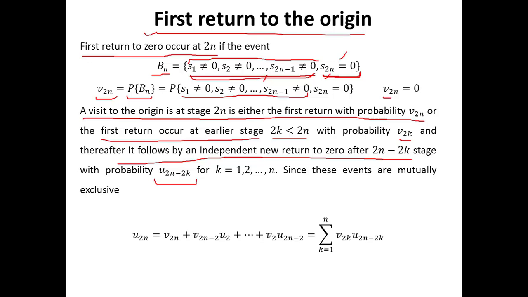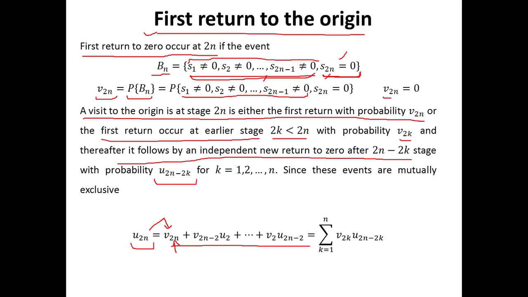So we can write this u2n as a series of summation. u2n represents the probability that the particle will return to 0 after 2nth trial. So this equals the particle returning to 0 for the first time, that is v2n.